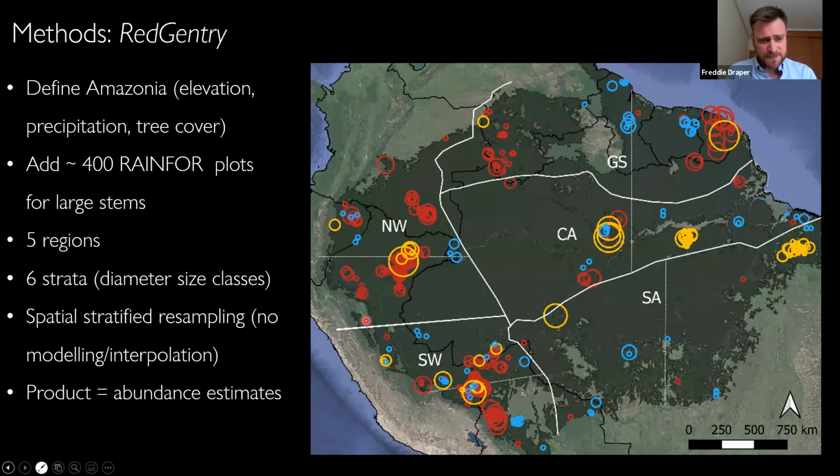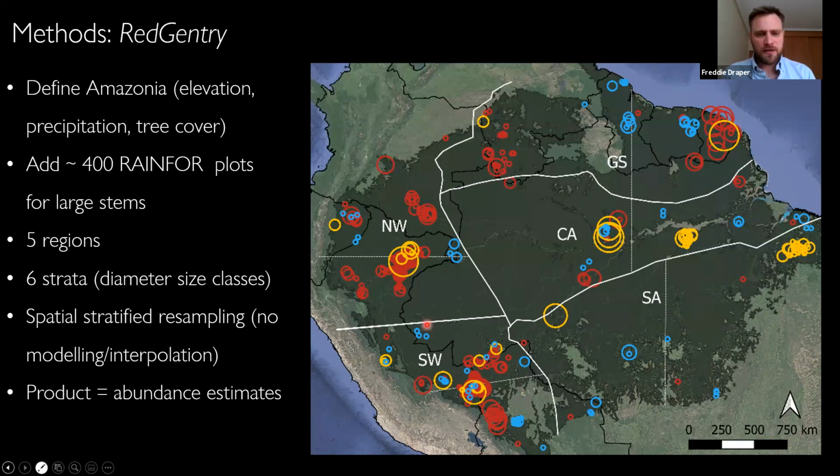And instead of doing modeling and interpolations like the 2013 Hyperdominance paper, we just used a spatially stratified resampling approach to try and account for the fact that these plots are not equally distributed. We have much fewer plots in southern Amazonia, for example, in comparison to the Northwest Amazon or Southwest Amazon.